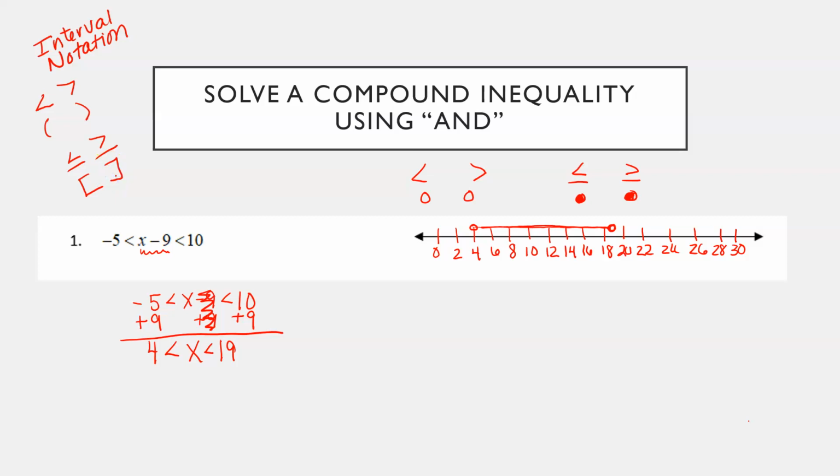So when I look at this graph here, there's an open dot on 4, so I would use a parenthesis, and that would tell me what my left end of that graph was. And then there's an open dot over here at 19. And since it's open, I use parentheses. So just by looking at this, which is called interval notation, I can tell what my graph looks like. I could draw a graph from that.